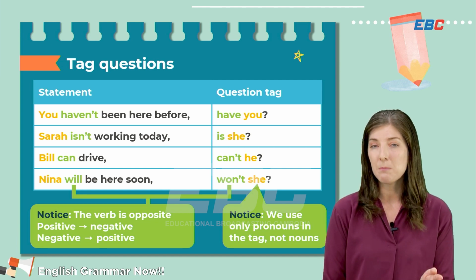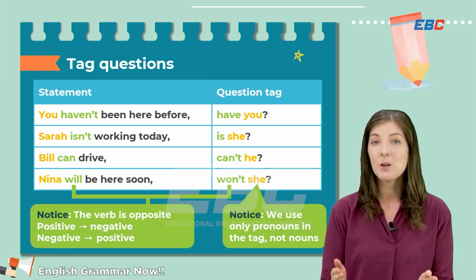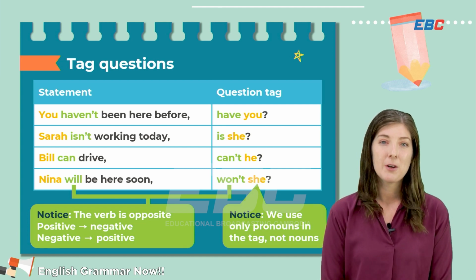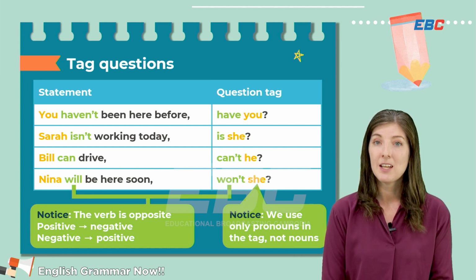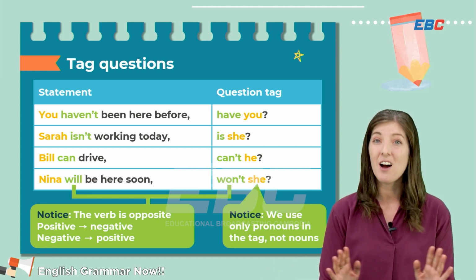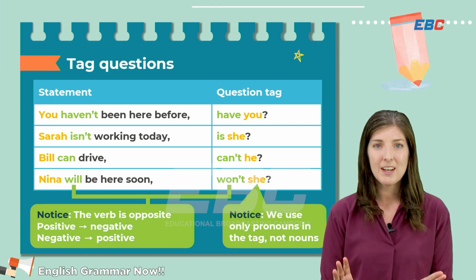If the statement has a positive verb, will, then the question tag will have the negative verb, won't. You also might notice that we can use a name in the statement, but we only use a pronoun in the question tag. So we would not say, Nina will be here soon, won't Nina?